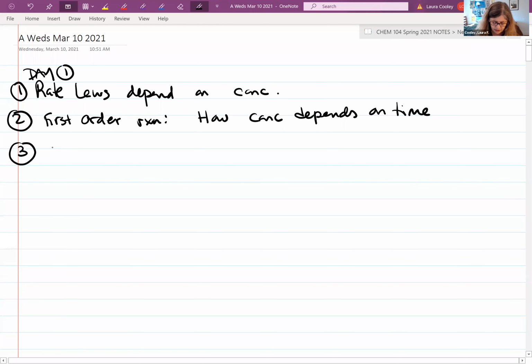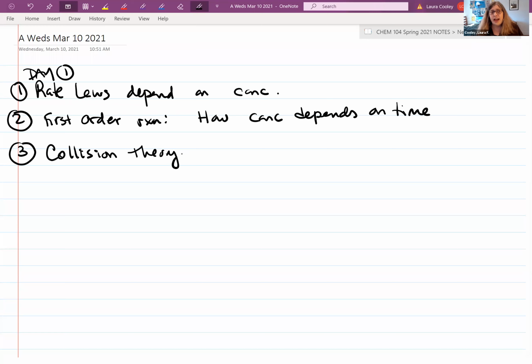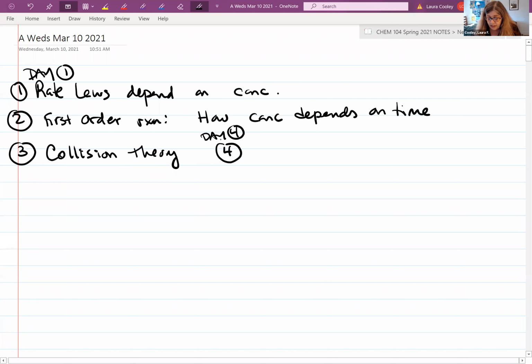And today we're going to do something called collision theory, which has to do with the things that have to happen for a reaction to actually occur and how they affect the rate of that reaction. Then next class, the last class on rates, will be on mechanisms, the steps in a reaction.